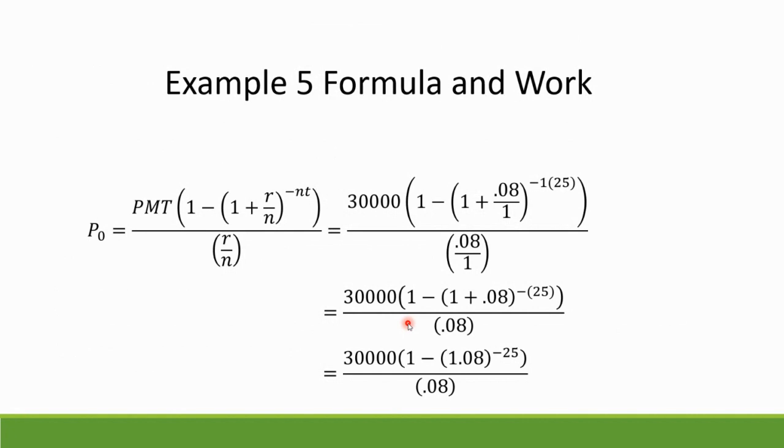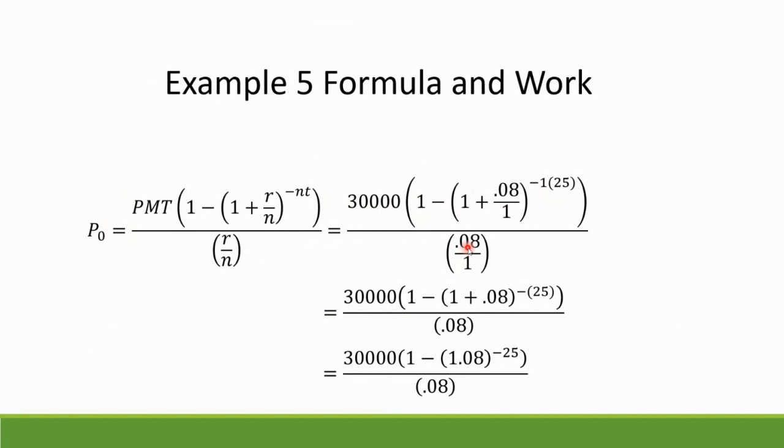All right, so this is our formula. Remember, we've seen this before. It's in the notes, in the textbook, all that stuff. We have our variables. Let's fill them in. PMT we said is $30,000. We have 1 minus 1 plus R, which is 0.08, over n, which is 1. n again is 1, that's what we said already. T is 25, okay? And we have 0.08 over 1.